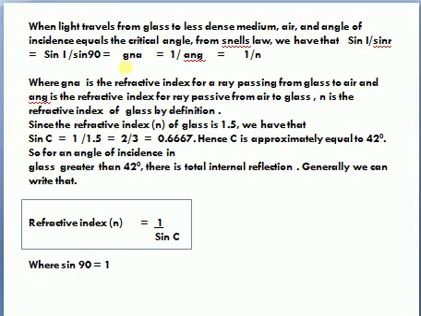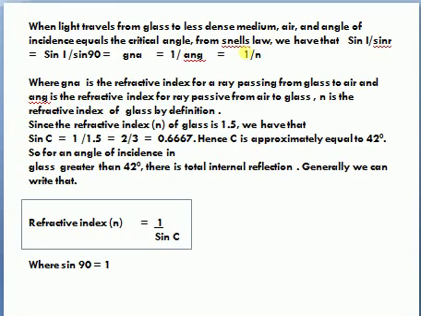Now, according to our principle of reversibility of light, which we have said earlier, that the path of the light ray is reversible, the refractive index for the ray of light moving from glass to air will be equal to 1 over the refractive index for the ray of light moving from air to glass, which is equal to 1 over n.